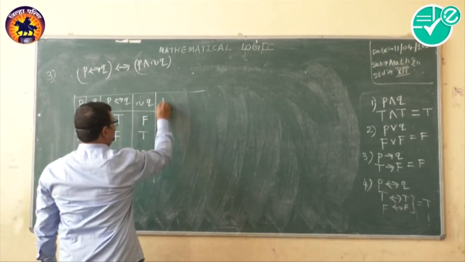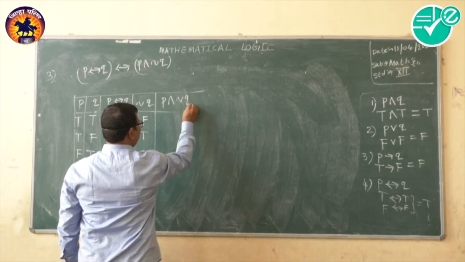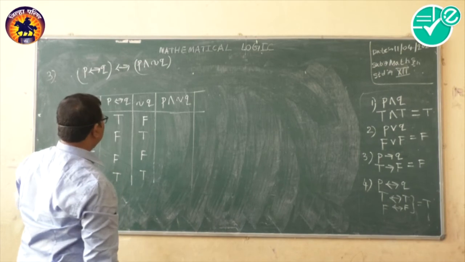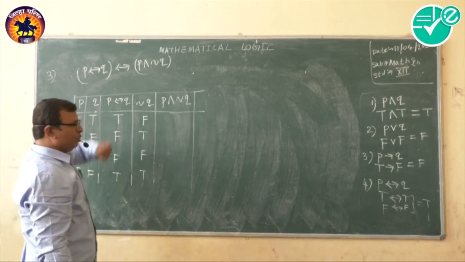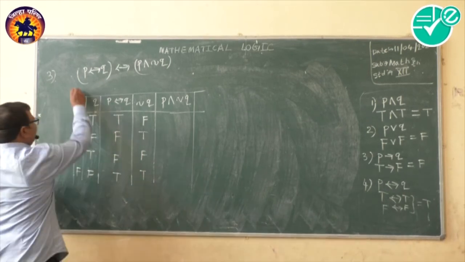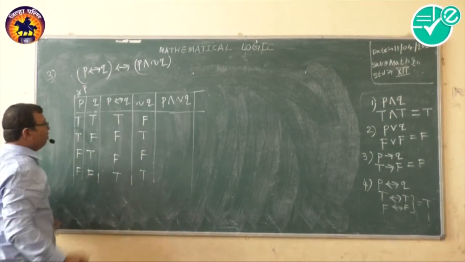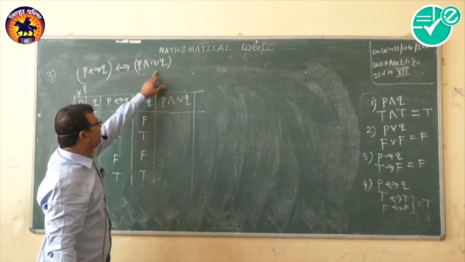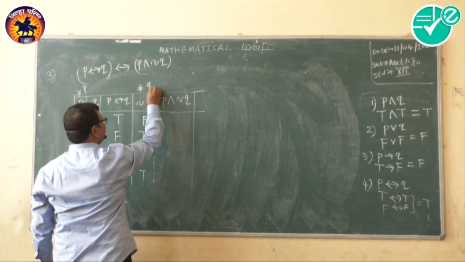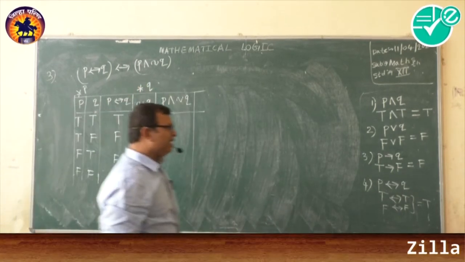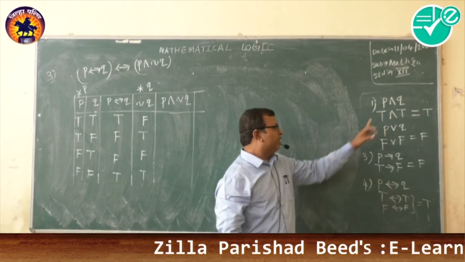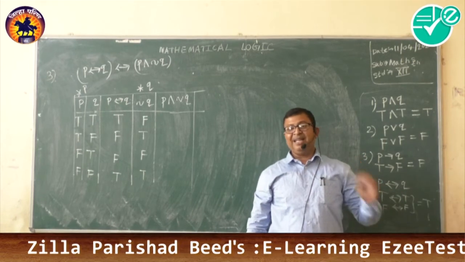Now we have to solve P conjunction negation Q. For P we have to consider P, but for solving P conjunction negation Q, negation Q should be considered as Q. Now conjunction says that P conjunction Q, if P is true and Q is true, then it is true.